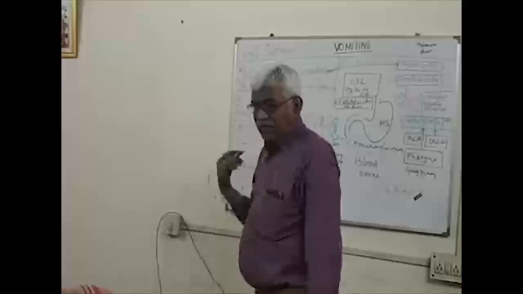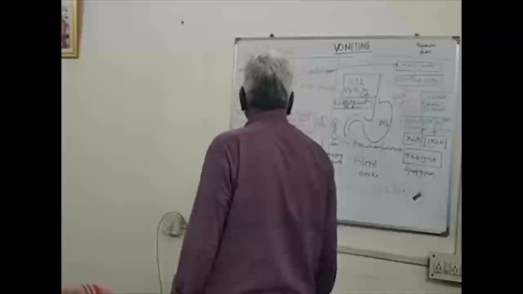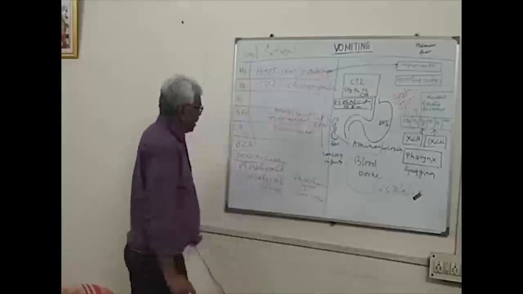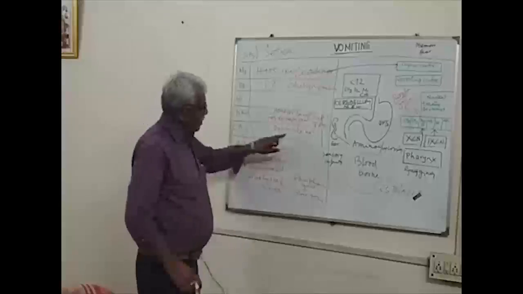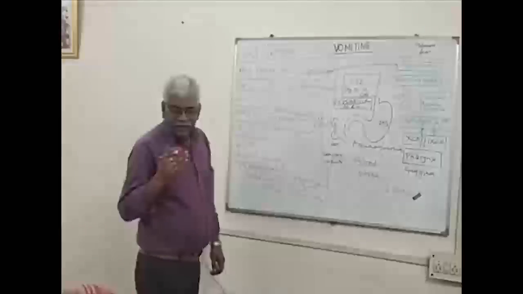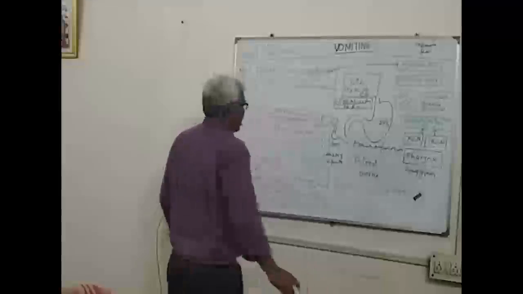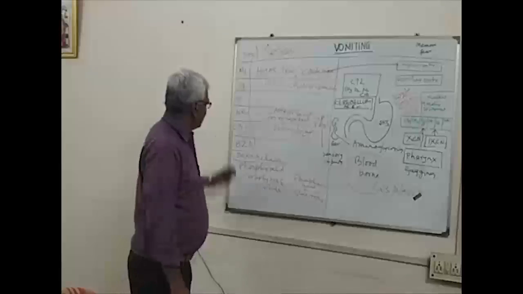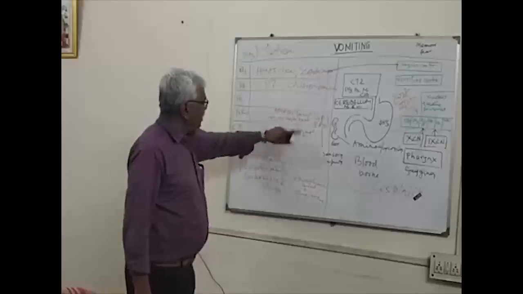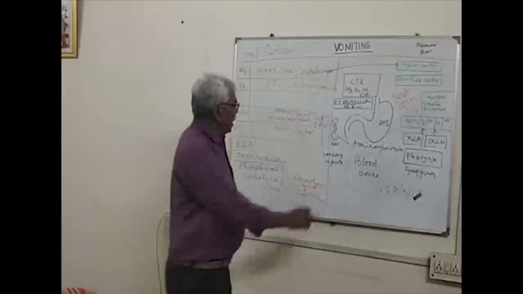If setrons fail, you have to use other groups of drugs, and those may be a cannabinoid 1 receptor agonist, that is dronabinol. Dronabinol generally acts in cisplatin induced vomiting. The other drugs which can be used in vomiting are NK1 receptor blockers like aprepitant or fosaprepitant.